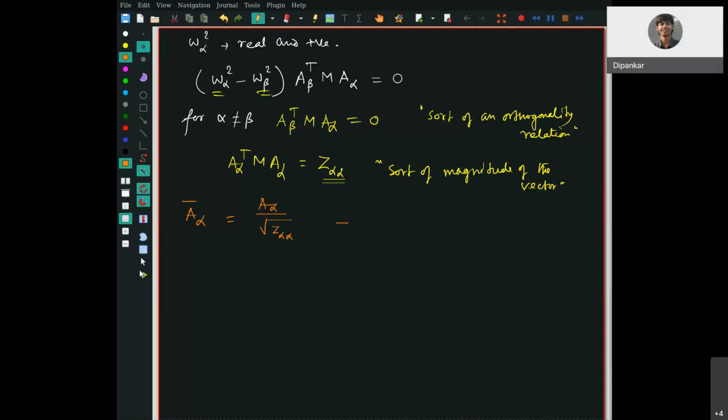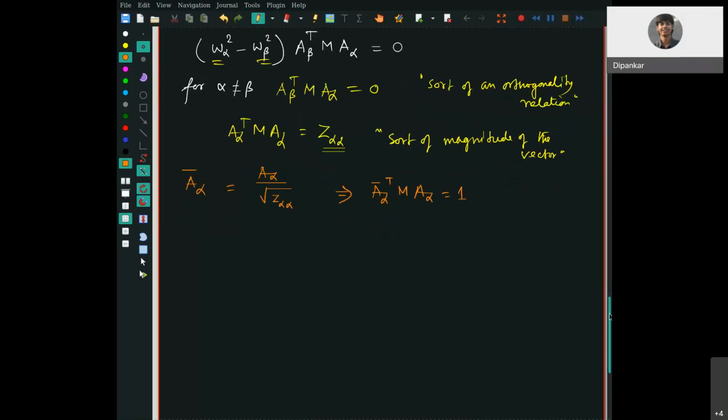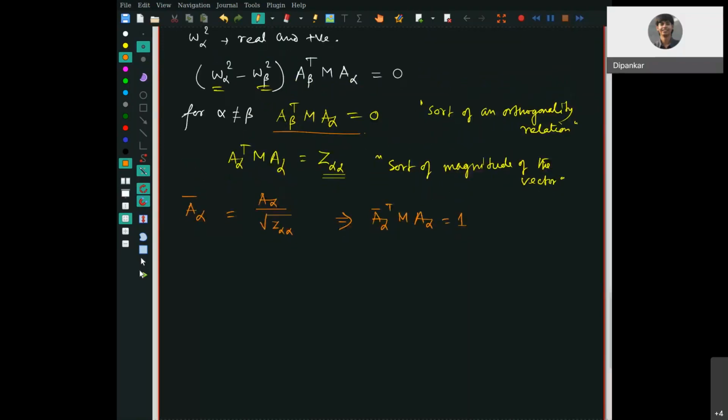If I do that, then I have A alpha bar transpose M A alpha equals 1. And I already have this to be equal to 0, and this just readily translates to, even if you divide by their magnitude, A beta transpose M A alpha equals 0. Okay, so these are the things. So kind of an orthonormal combination.